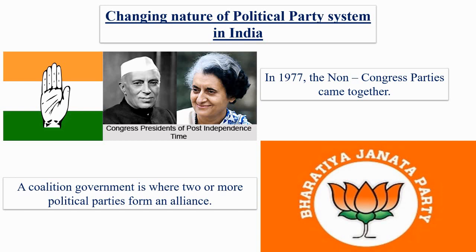Both the Bharatiya Janata Party and the Congress Party made an experiment of establishing the coalition government. In fact, the coalition government system is very stabilized in India.